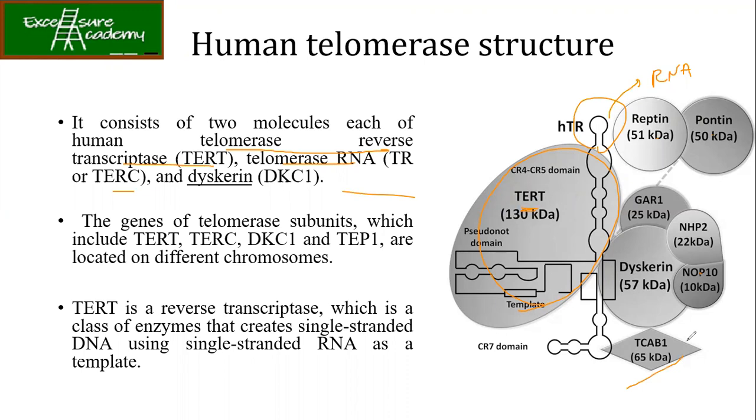Main is your TERT and your TR. Now, it's a reverse transcriptase, which is a class of enzymes that create single-stranded DNA using single-stranded RNA as the template. So that's why in the previous lecture, we said that the telomerase is also a reverse transcriptase.